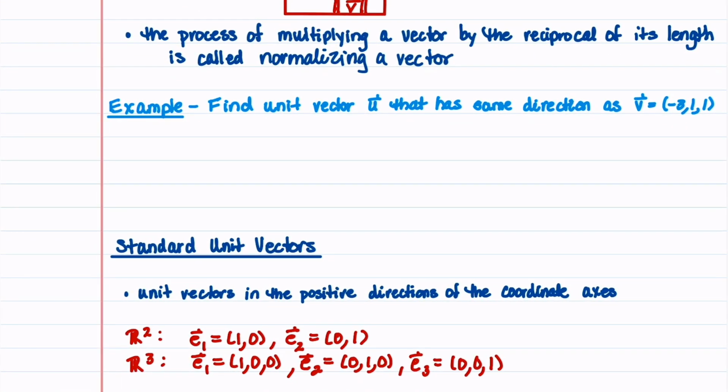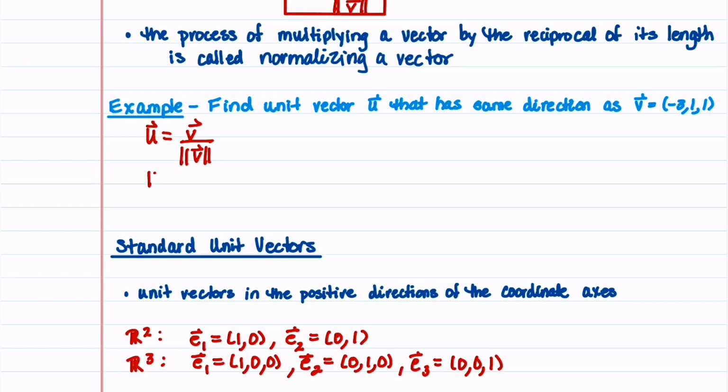In this example, we're going to find a unit vector u that has the same direction as v. Let's write down our formula. Our u is equal to v divided by the magnitude of v.